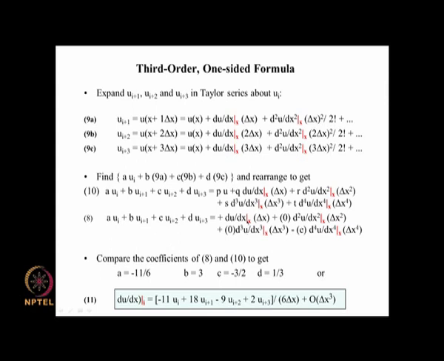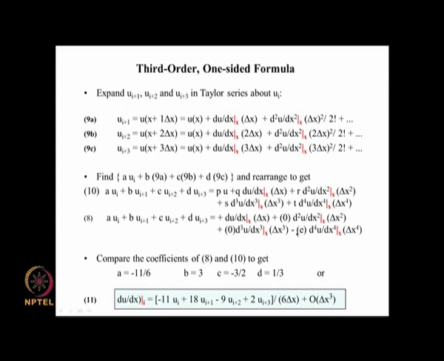So you have 4 equations and 4 unknowns, and if you solve those things you get a equal to minus 11 by 6, b equal to 3, and c equal to minus 3 by 2, d equal to 1 by 3, and E will be some sort of summation of this that will come out in this way.